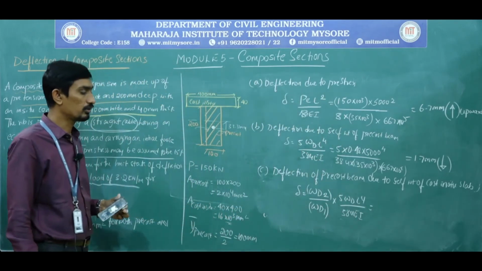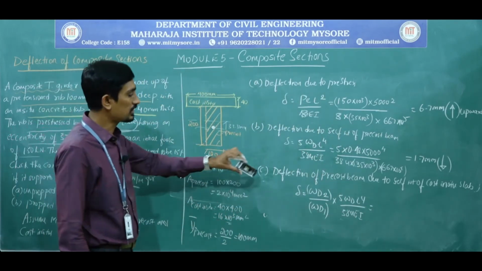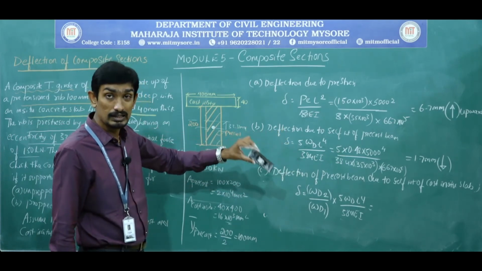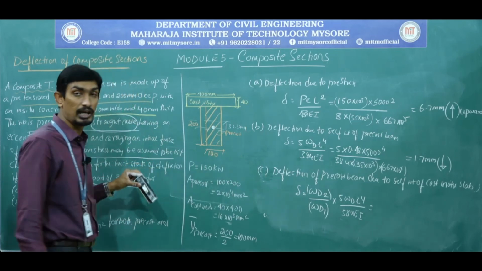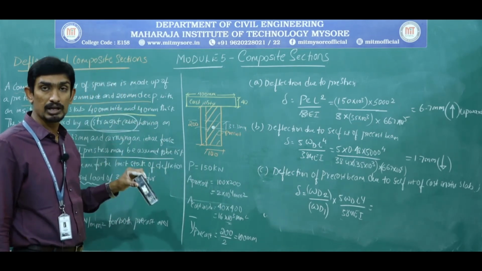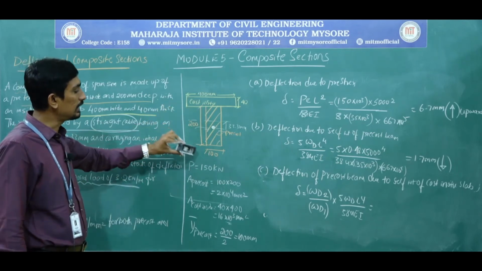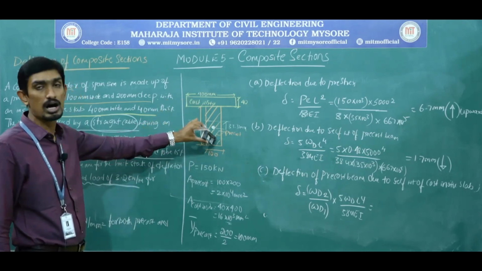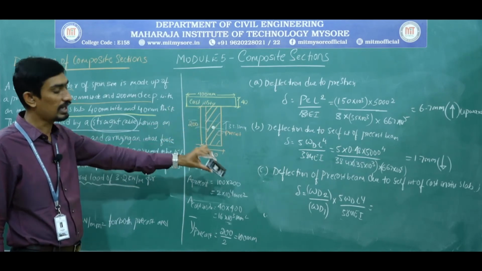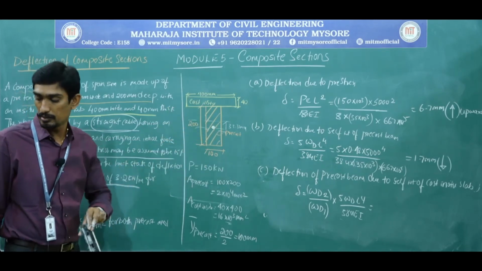You need to be very careful. I am calculating the deflection for the unpropped case. Unpropped means I am going to consider the dimensions of a precast. Just what I did in analysis, the same thing will carry here also. Did you get my point?